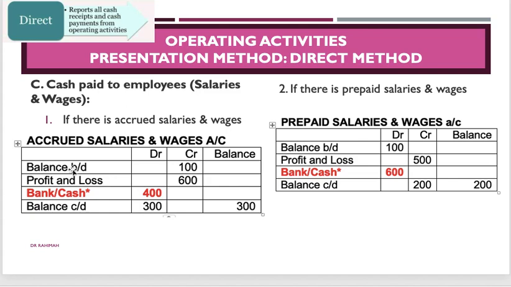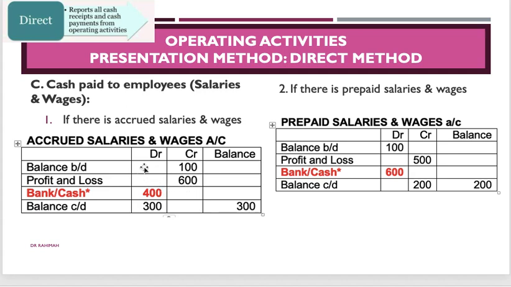Okay, basically you just put in the BD because this is liability, so BD is on the credit side, and then you can get this 600 from the profit and loss under the administration expenses. If you remember, when you prepare your published accounts, wages and salary is classified under administration, so you can find that under SOPL. All right.